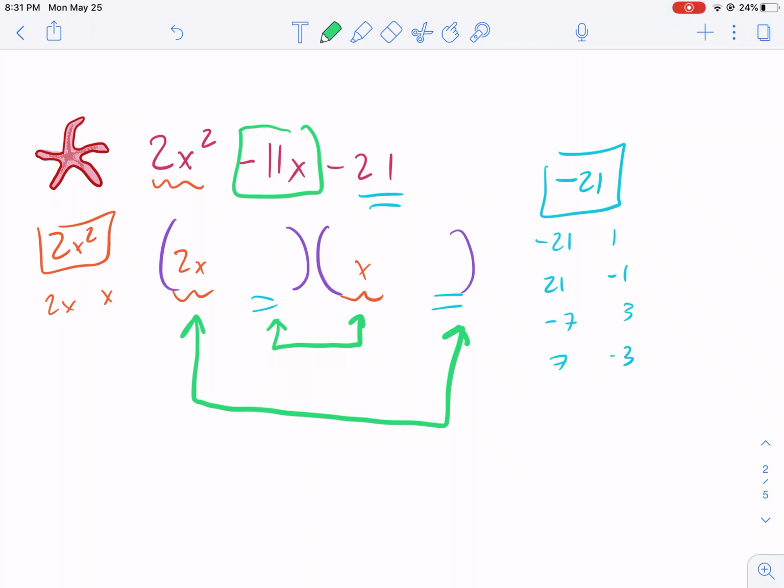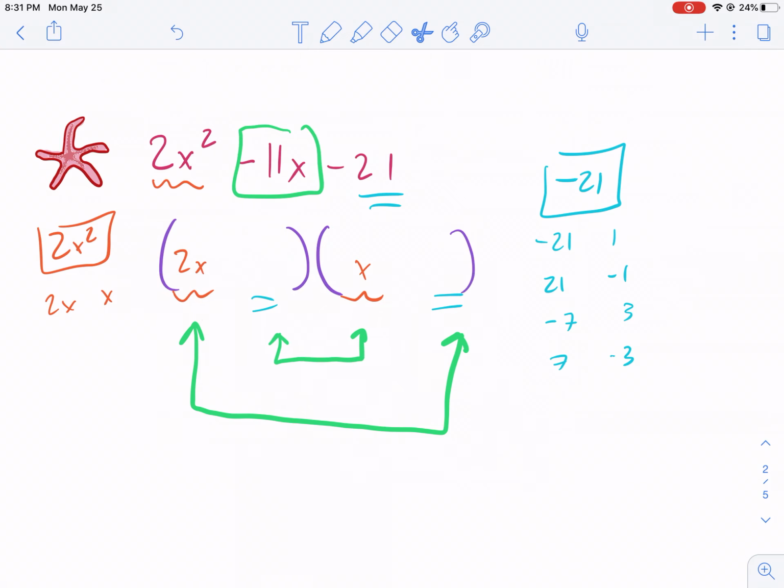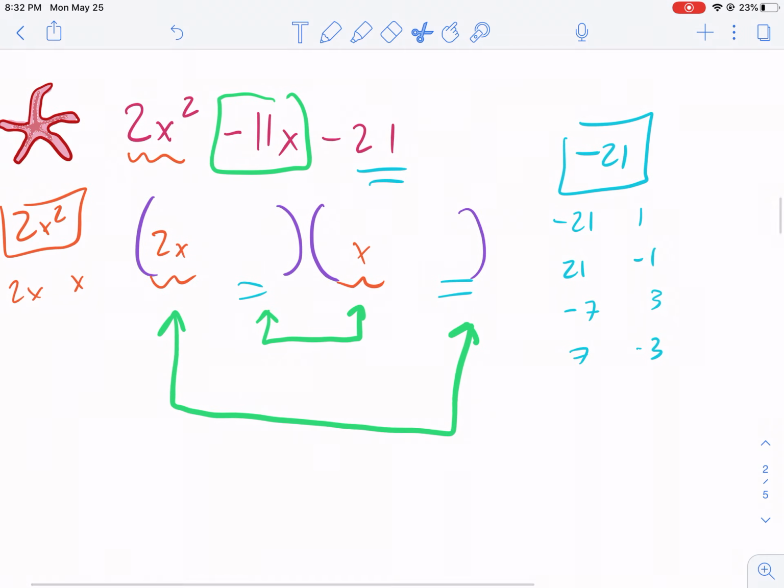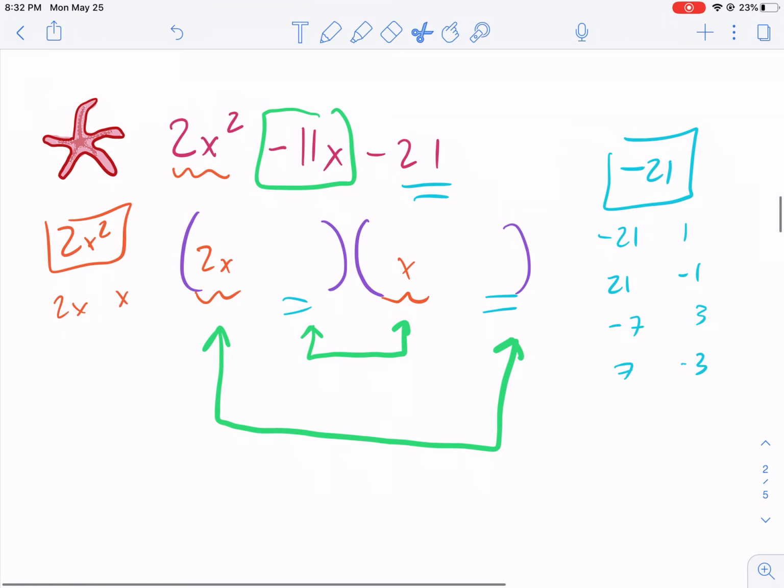This product of the outside terms plus this product needs to add up to give you this middle term right here. If you understand that this is a puzzle, like a combination lock, where you need to try different factors, brainstorm and use some strategy to figure out this problem, you guys are going to do just fine, okay?